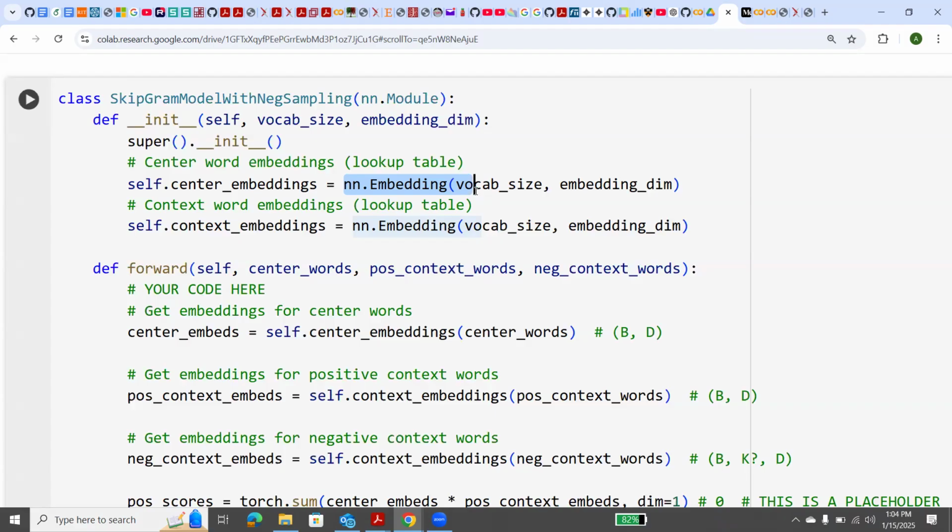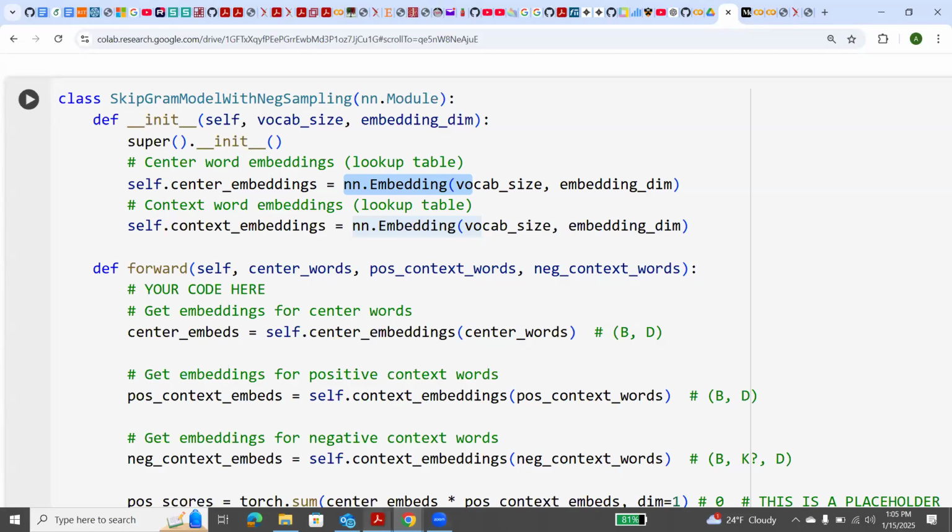So if we have, for example, 50,000 words in our dictionary, this matrix will be of size 50,000 by the embedding size. And we create two embedding layers, one for central words, another for the context words. And so this is how these embeddings are created in practice.